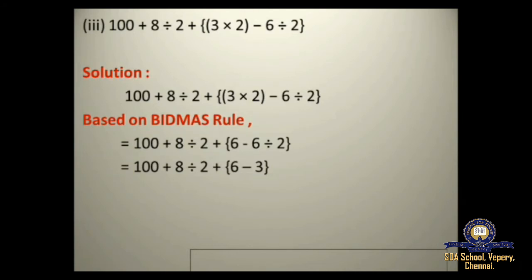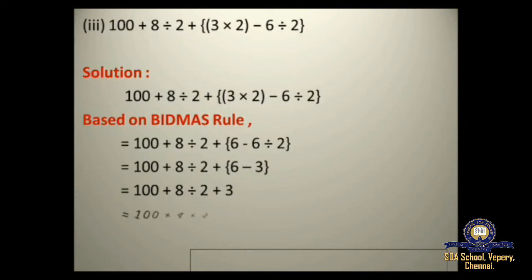Only when there is one operation in the bracket can you solve it; otherwise you will not be able to solve 2 operations in a bracket. So you simplify the other operations first, and then move to the bracket. When you subtract 3 from 6, you will get 3. Now after brackets, indices, since here there is no indices, you will be moving to division.